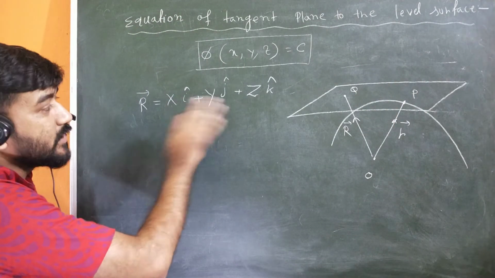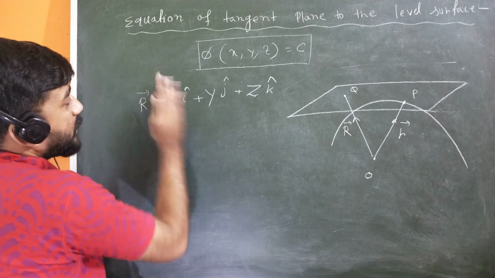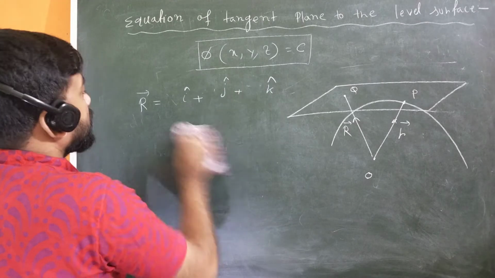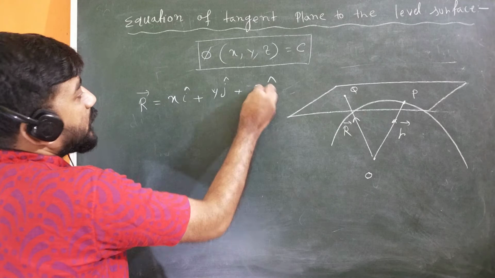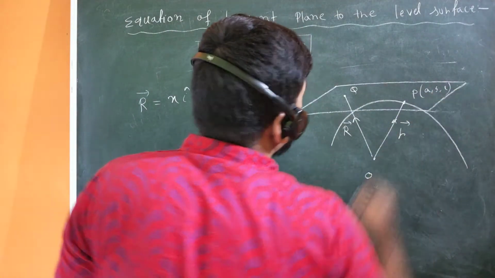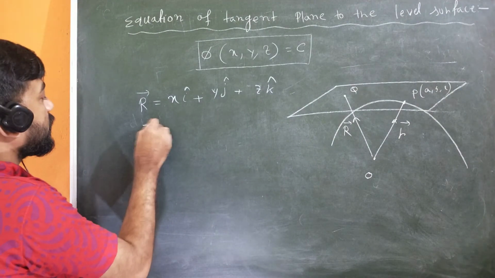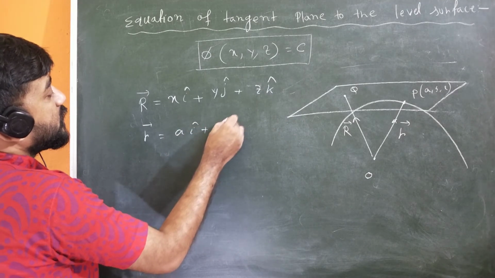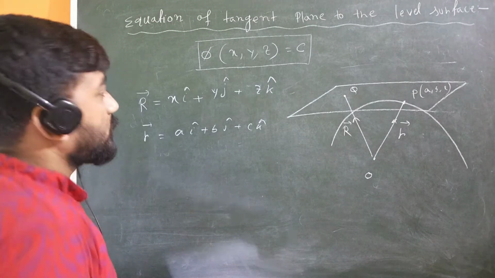Let me take this as x, y, z simply, and the given point can be taken as a, b, c. So the position vector of small r will be nothing but a i cap plus b j cap plus c k cap.